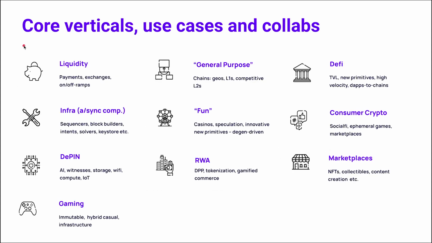So for us, this is, in a sense, our north star in terms of business development and chain growth. What we believe makes more sense on chain are these specific verticals or use cases. First, verticals linked to liquidity, as Gonzalo said before.